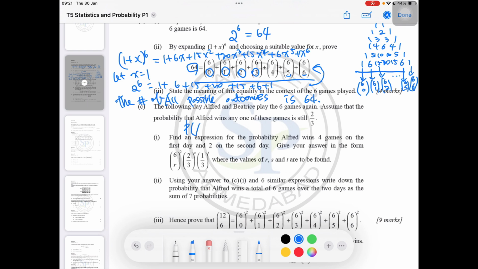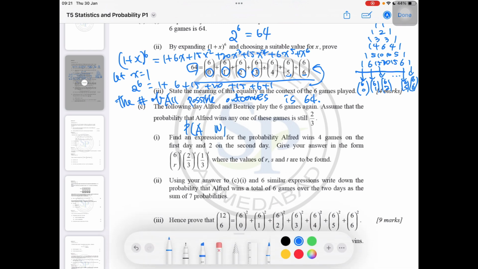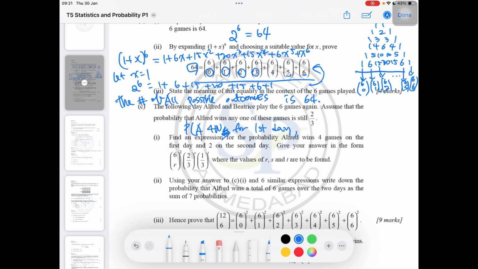So Alfredo wins 4 games on the first day, and 2 wins on the second day.